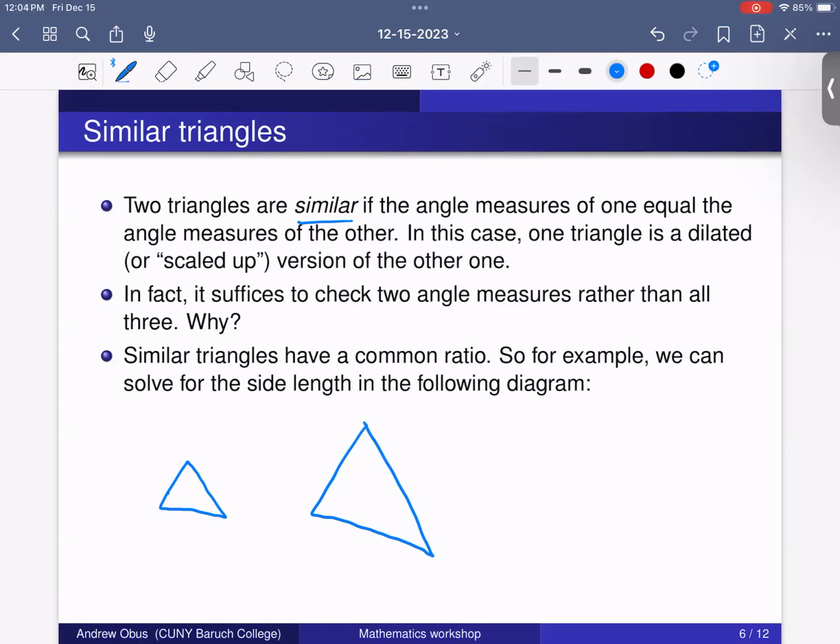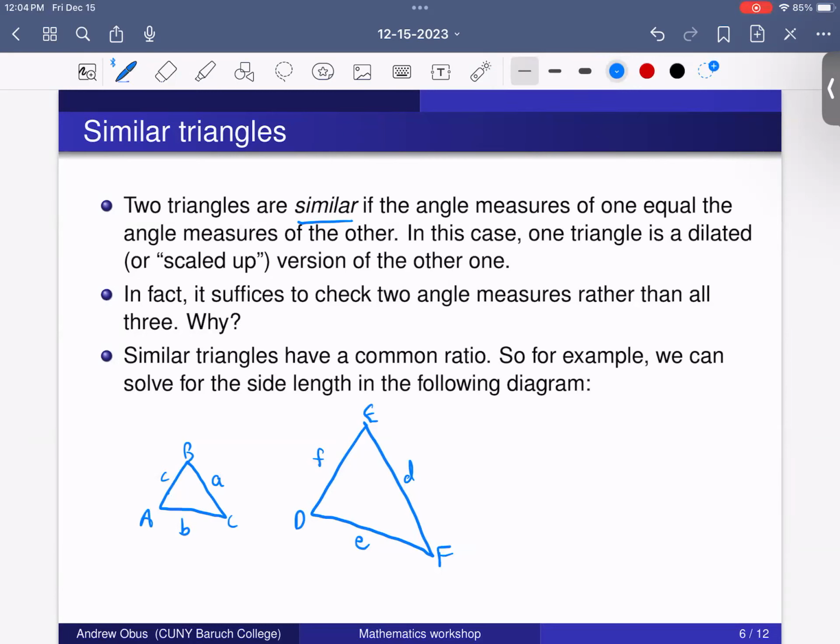So if these are A, B, C, and this is D, E, F, then maybe I'll label the sides also. So you usually label the side of a triangle with the lowercase letter of its opposite angle. So side a is opposite angle A. So you have a, b, and c, and you have d, e, and f.